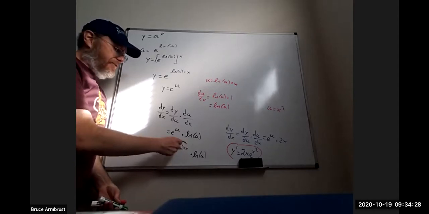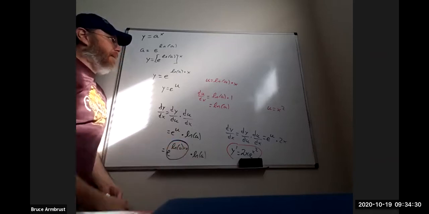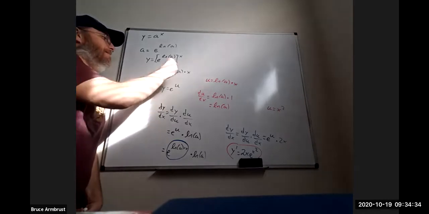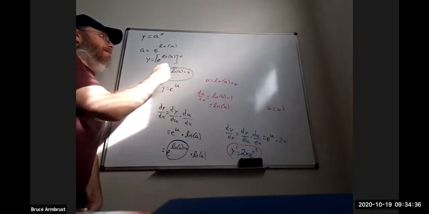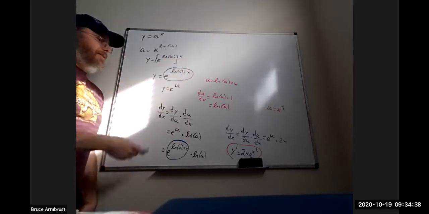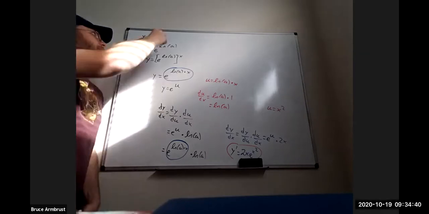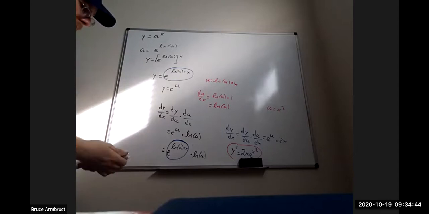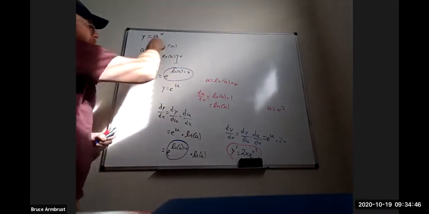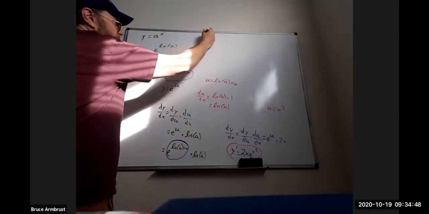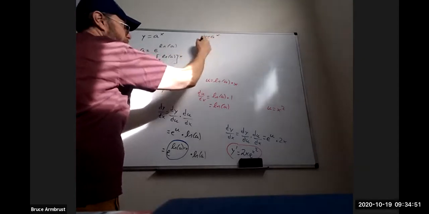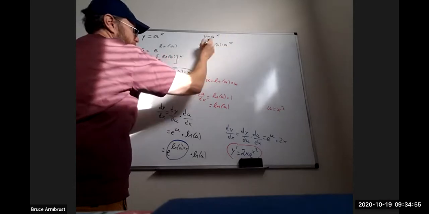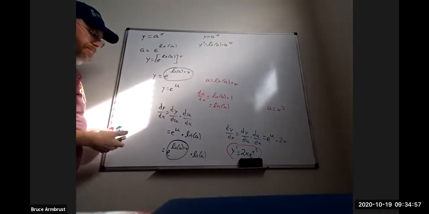This e to the natural log of a times x, you may remember that. We saw that up here, right? That's actually just our original function, which was a to the x. So if y is equal to a to the x, then y prime is equal to natural log of a times a to the x.